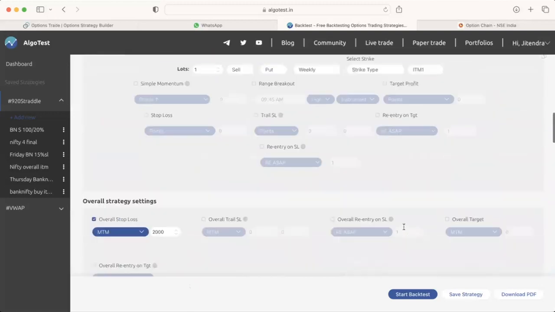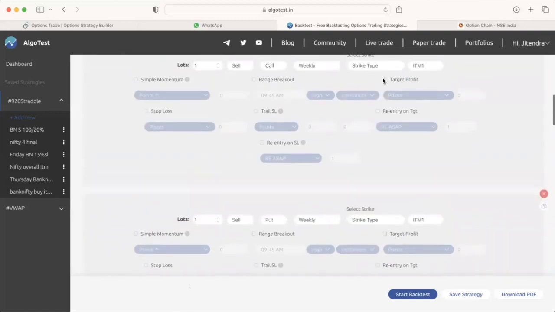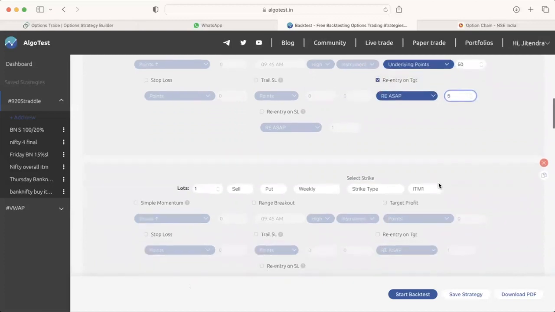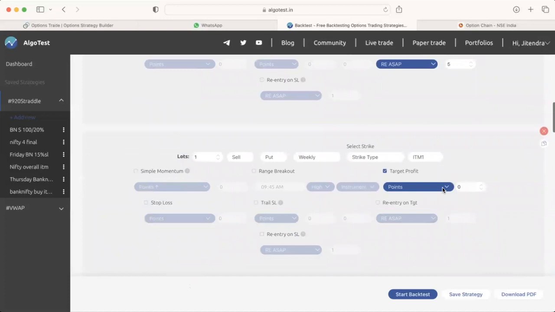What I am doing is reducing the lot, because I have been trading after a long time, so I don't want to take any risk. So we will change our target accordingly, and our overall stop loss for only one lot is 2,000. So in one lot only we can earn a decent amount.